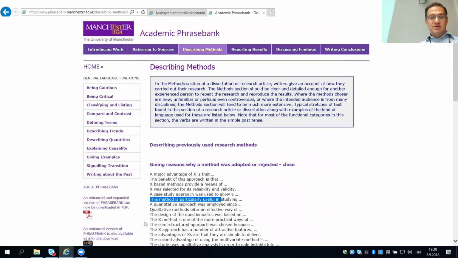For this sentence, you can say the approach in this thesis is case study. It is particularly useful in studying blah blah blah. So you can avoid the use of the past tense.